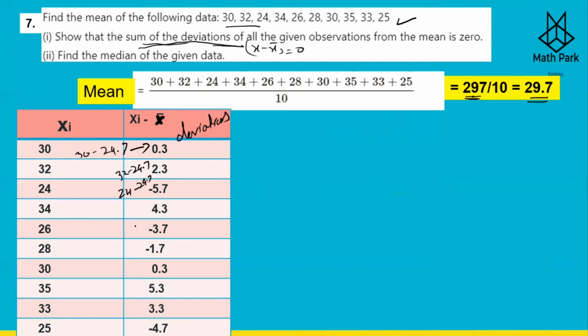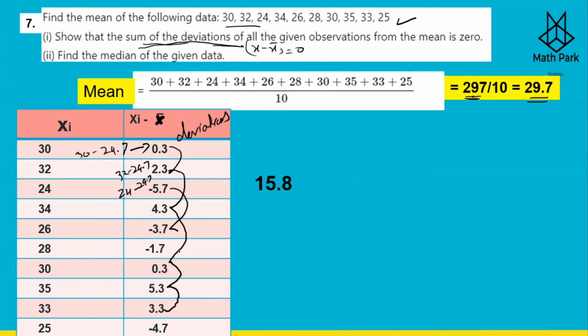So when we find the deviations, create the table like that, find the difference between Xi minus X bar. Positive: 0.3 plus 2.3 is 2.6. 2.6 plus 4.3 is going to be 6.9. 6.9 plus 0.3 and plus 5.3 and plus 5.3.